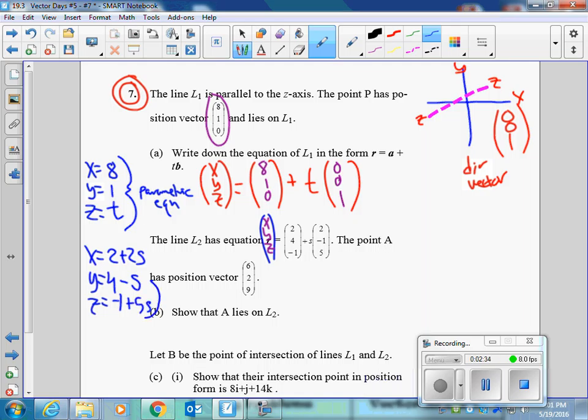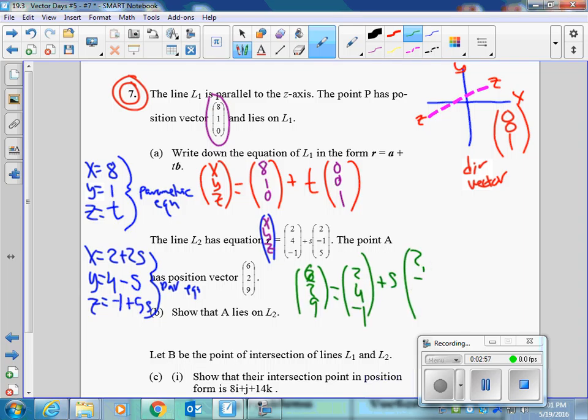So these are parametrics as well. All right, now they're saying that this point A, you're going to prove that this point A is on this line. So let's put 6, 2, 9 equal to 2, 4, negative 1 plus S times 2, negative 1, 5.